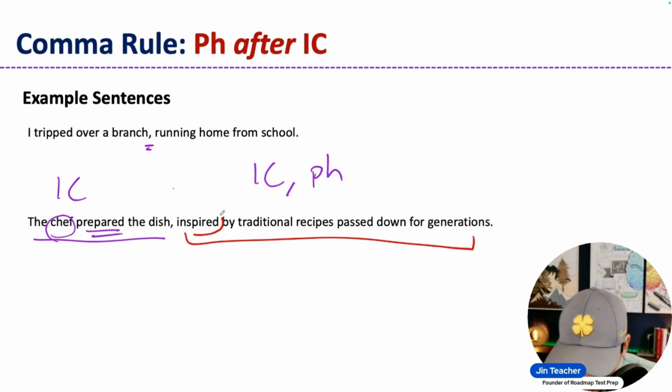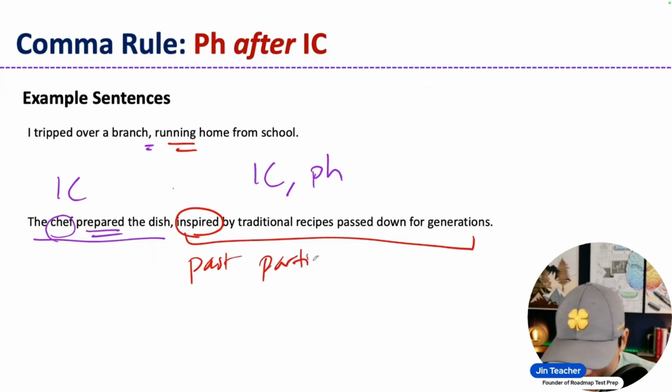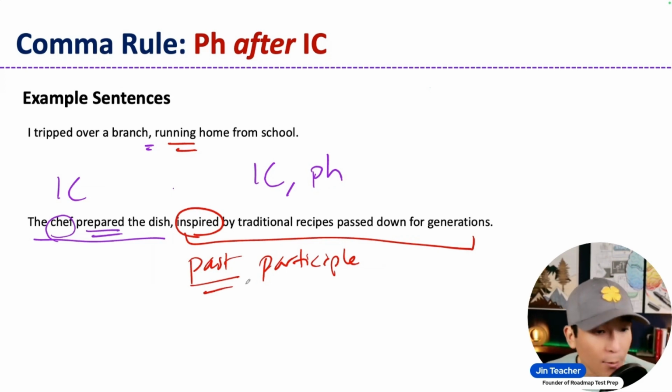Inspired here is not an ing word, but it's still what's called a participle. It's called the past participle. There are two different types of participles in the English language, present participles and past participles. Present participles are ing words. Past participles are not. They have different forms. But past participles can also create participle phrases, so these can also act like modifiers.